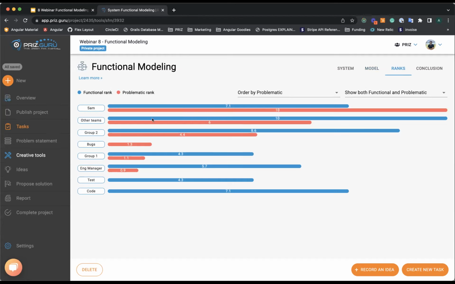So the next question is, what do we do? Of course, we're seeing that Sam is the most problematic, and normally managers will say, well, fire the guy, right? There are two problems with firing the guy. First of all, he does have a lot of functionality, right? He does have a lot of contribution, with all the problems that we have in the system resulting from Sam.